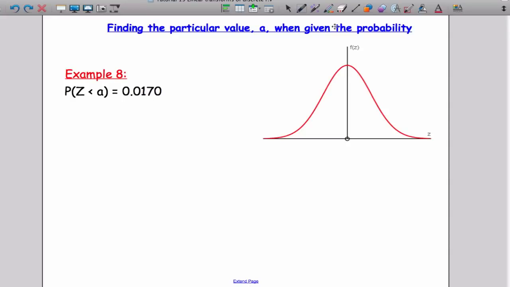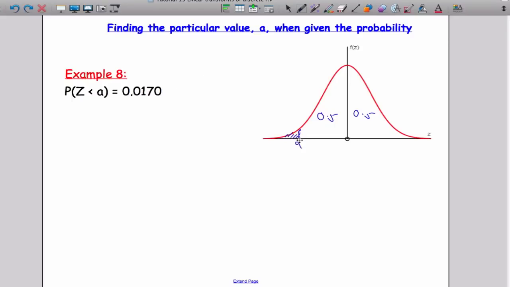Now if I know that the bottom half represents 0.5 of the total probability, and this represents 0.5 of the total probability, well, the first 1 or 2% must be down here somewhere. So we're actually looking for a negative answer. So my value A is going to be here.